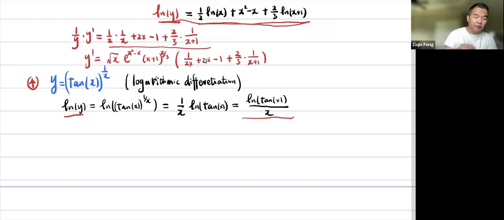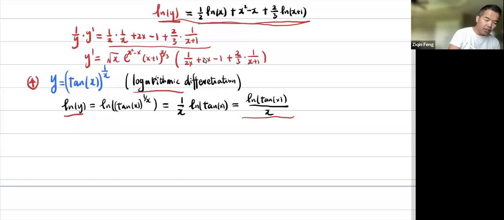Left side, if you apply this method, logarithmic differentiation, left side is always natural log of y. The right side is a simplified function, right? You need to change from a product in natural log to a sum of natural logs, or a quotient to a difference, or bring the exponent down, right?